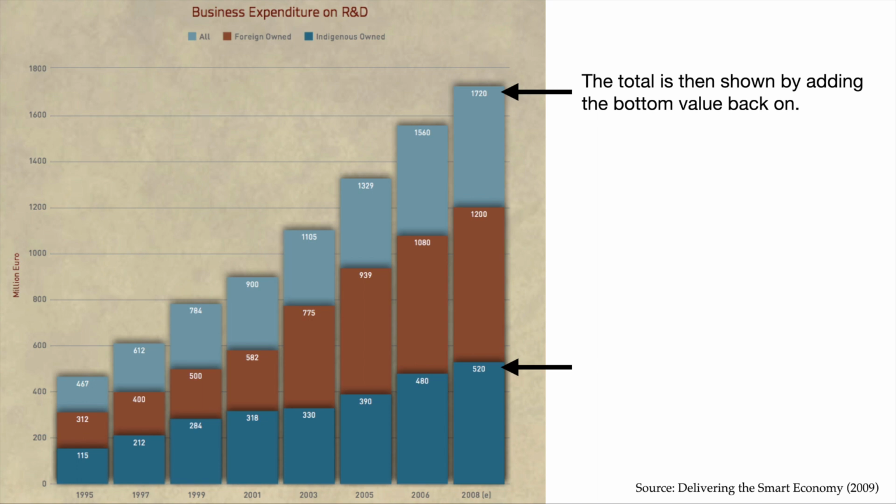And then the total then is shown by adding the value on the bottom back on, so we can see what the total value is. So it's no surprise then that the light blue bar on top and the dark blue bar on the bottom are exactly the same height. And anytime there's data being repeated in a chart, it's probably a hint that there's some shenanigans.